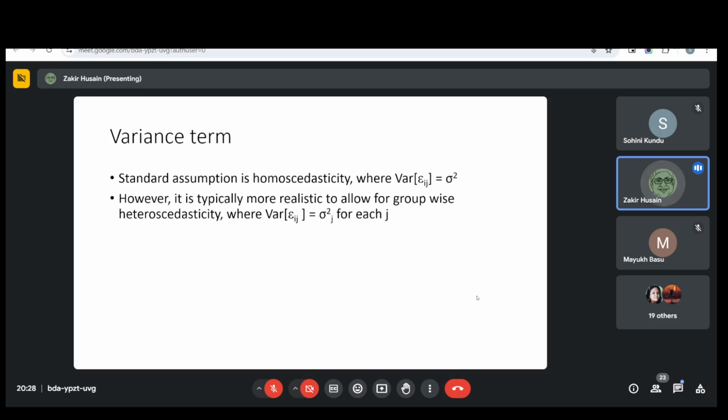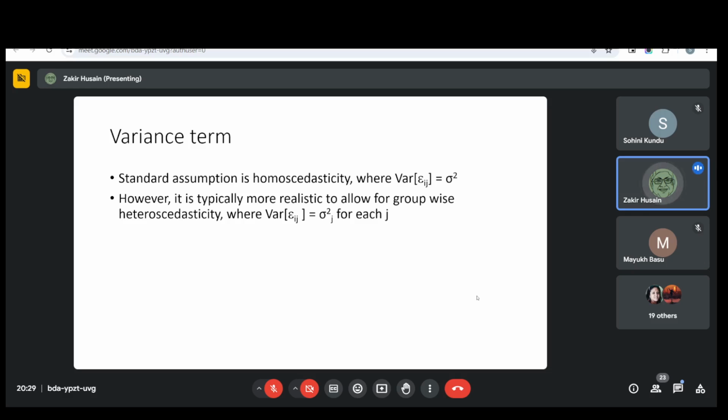Now, what about the variance term, the error term? Well, the standard assumption in SARMA, in the spatial model, is that the variance is constant. But if you have spatial regimes, a more realistic assumption would be that the variance is different for each regime, but within a regime, it is constant.